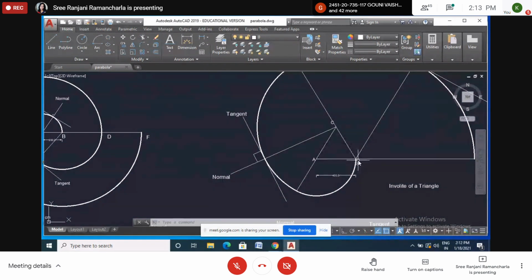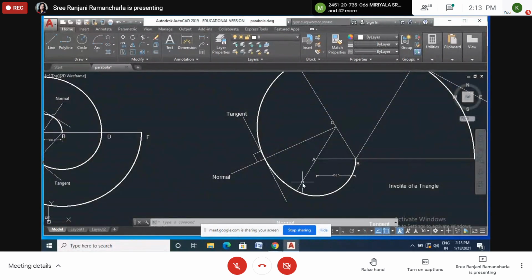Now, if the string is opened tightly, the locus of the end of the string will be in this way. So we are opening that one. Okay. So first you draw the triangle. Now from here, you extend the line CA.